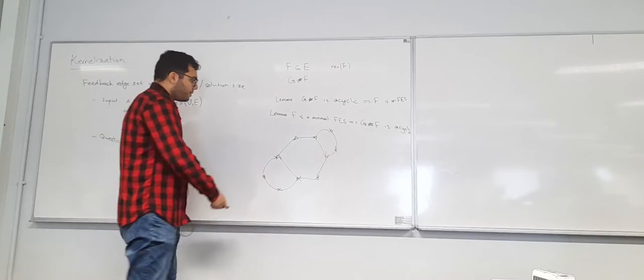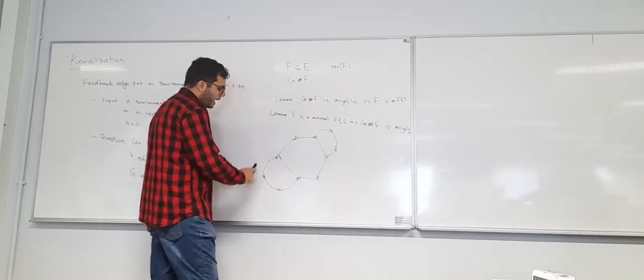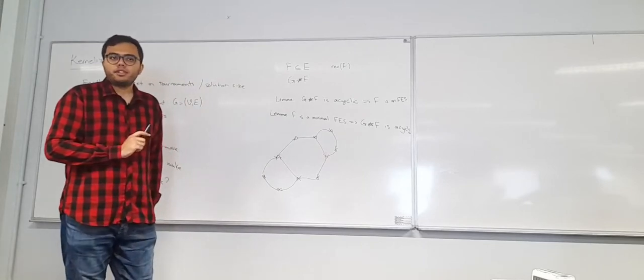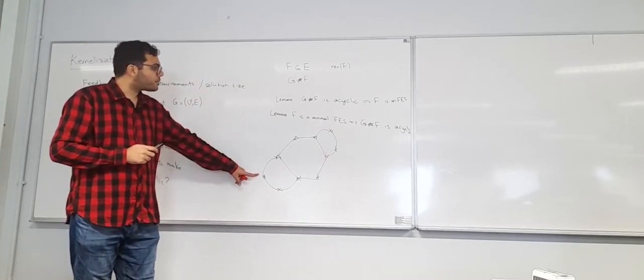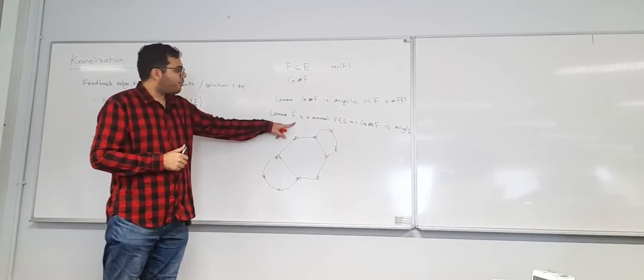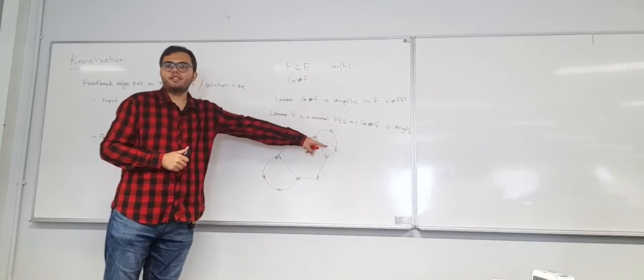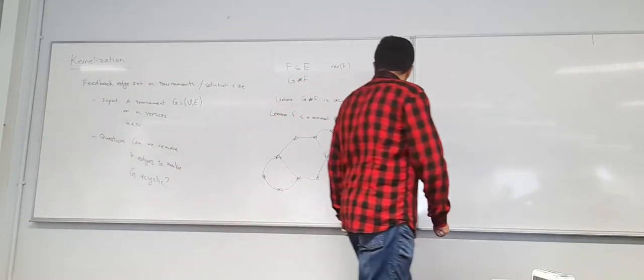Now, so I found a cycle in G star F, but that cycle only has black edges. So none of the edges in this cycle were reversed. So this cycle also exists in G, in the original graph. And so F was not a feedback edge set. Okay, so this proves the second lemma.